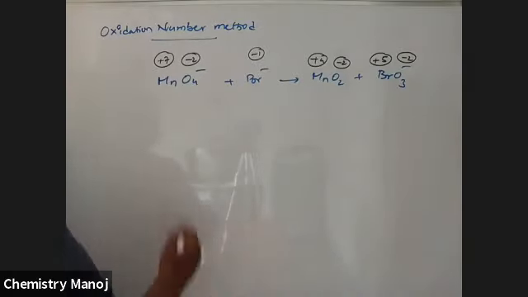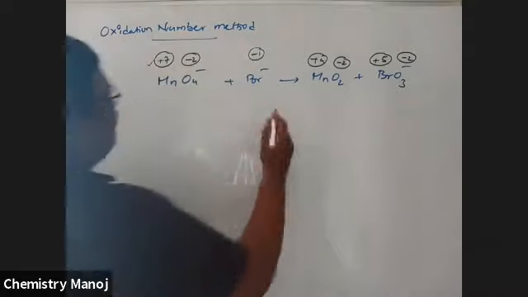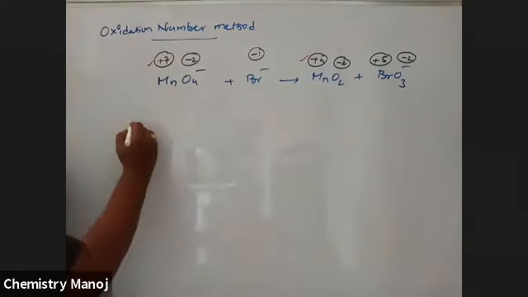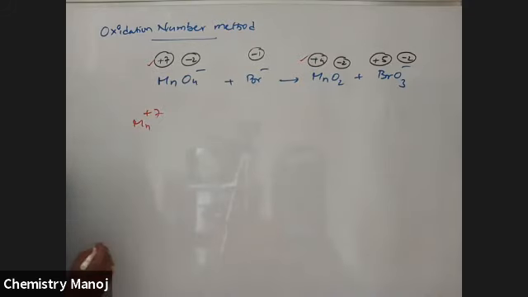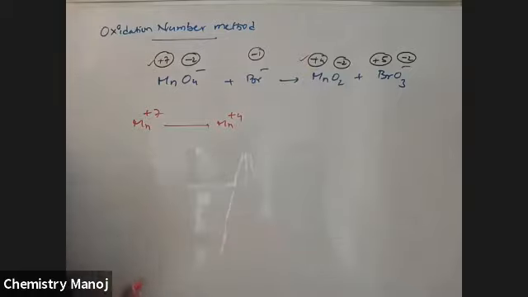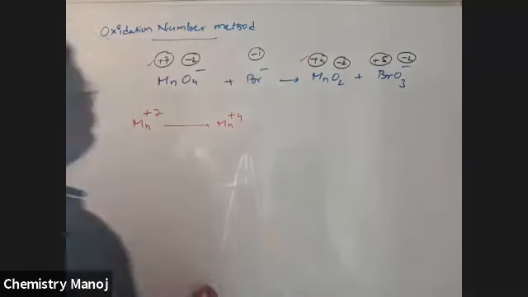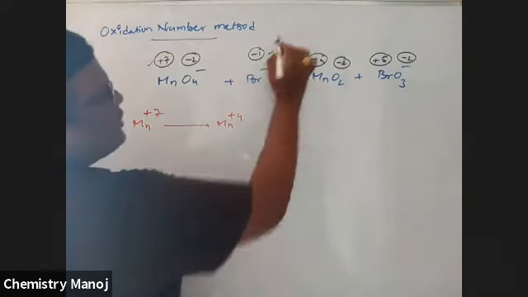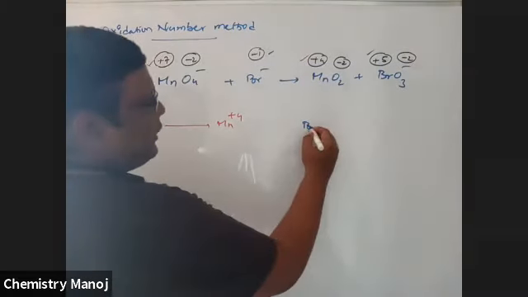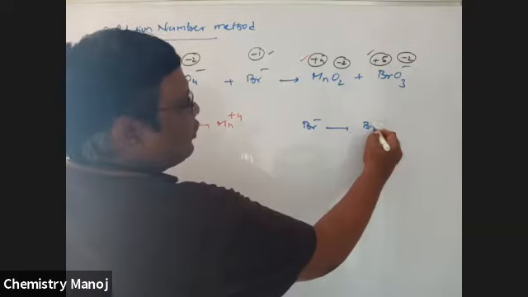Now identify which elements change. Here manganese is +7, there it is +4. Collect those elements. Mn with oxidation state +7 gives Mn with +4. Next, bromine is -1 here and +5 there. Br -1 changes to Br +5.